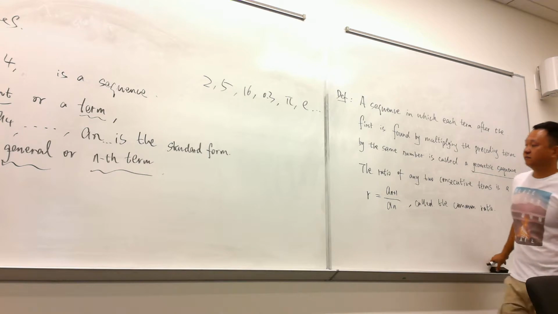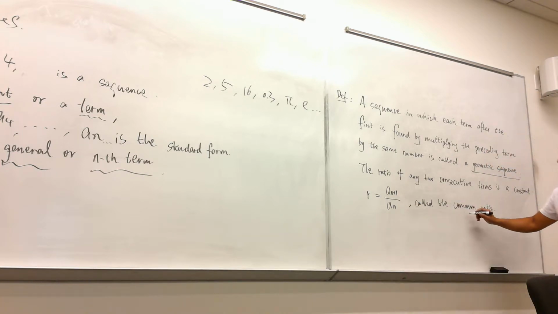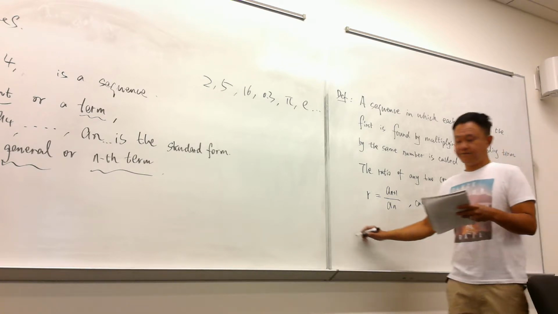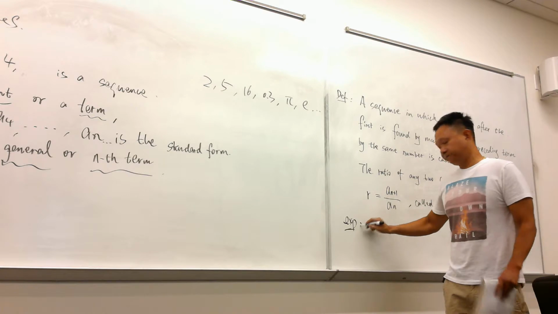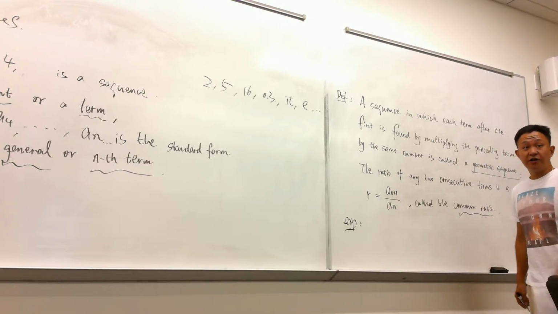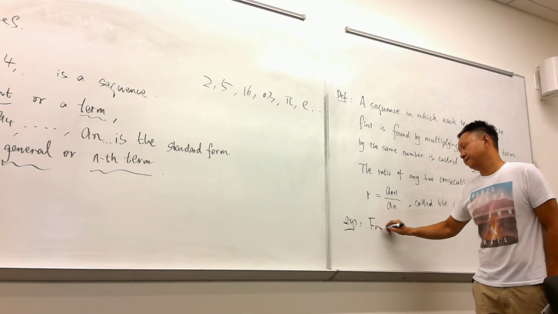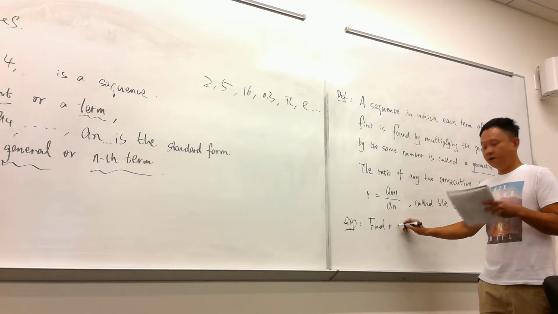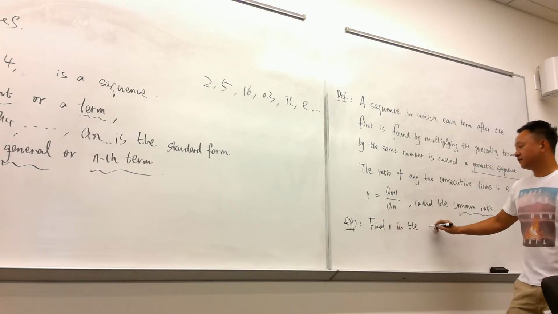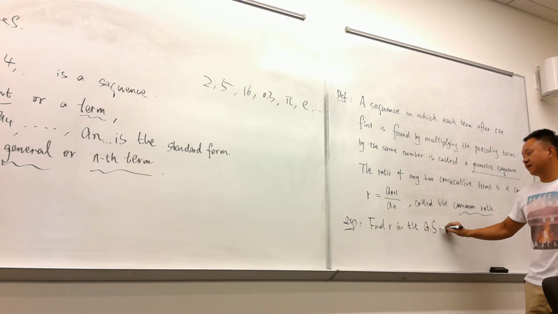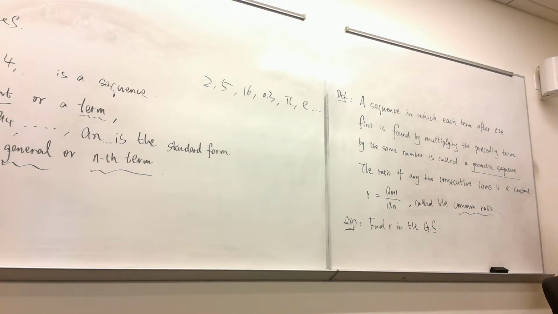Alright, guys. Just based on this terminology, common ratio, I want to give you a question. For example, find the r in the following geometric sequence. Let's use G to represent a geometric sequence.